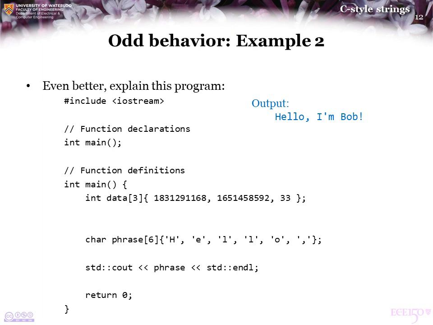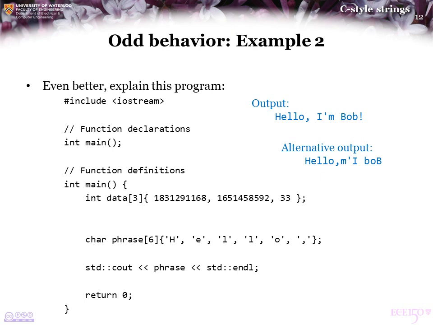However, this is the output. Now you have to ask yourself, why does this print out the output, hello, I'm Bob? Now, some of you, depending on what type of processor you're using, may actually get a slightly different result. You might get the output, hello, I Bob.